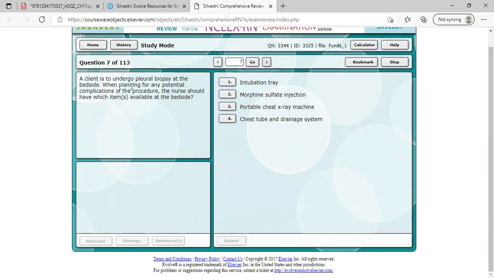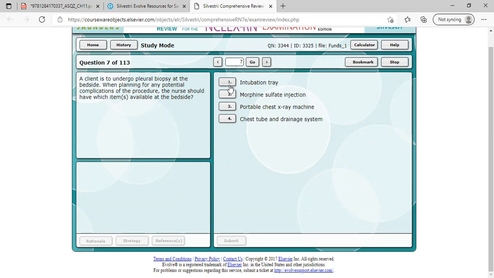When a patient goes for a pleural biopsy, sometimes the patient suffers a perforation, because pleural biopsy involves the lungs, right? So we will be prepared with some equipment. We'll be ready to face any kind of accident.